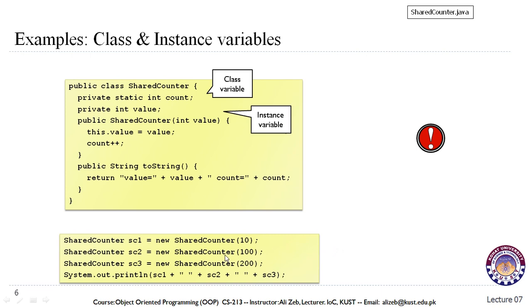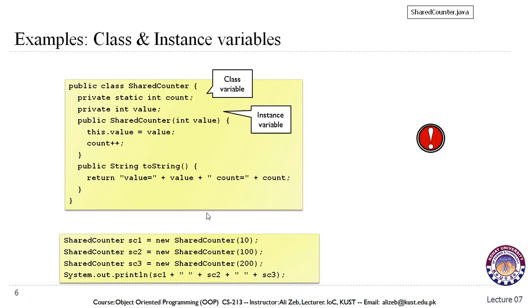And when we create the second object for this class and we print that object, the value variable should be 100, because 100 is being passed to the constructor of that class. And since it is a new object, it will have a new value for the instance variable.